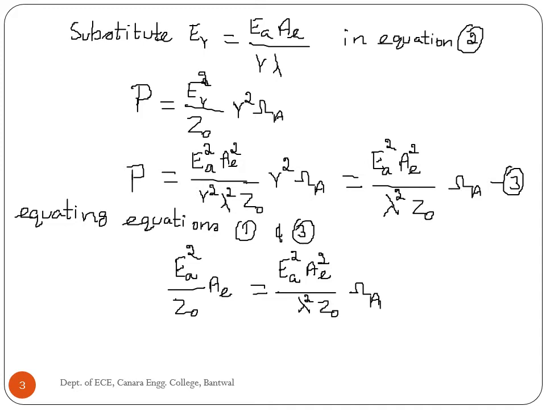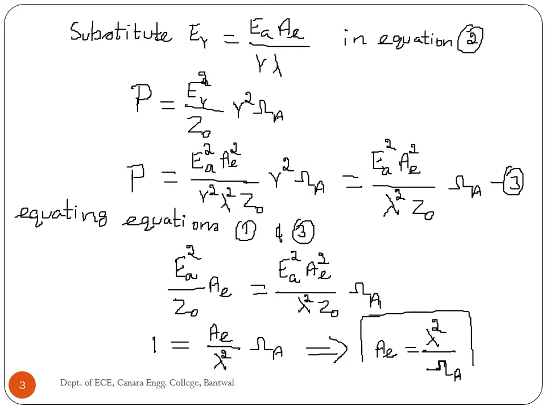When I simplify the above equation, I will get 1 is equal to AE divided by lambda square into beam area, or I can write this equation as AE equal to lambda square divided by beam area. So effective aperture is inversely proportional to the beam area.